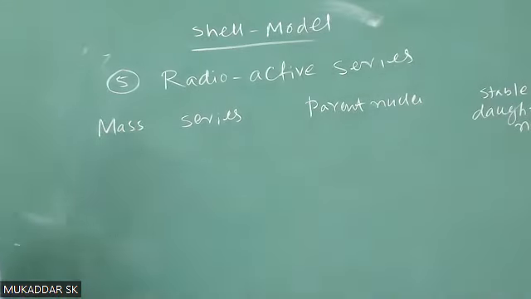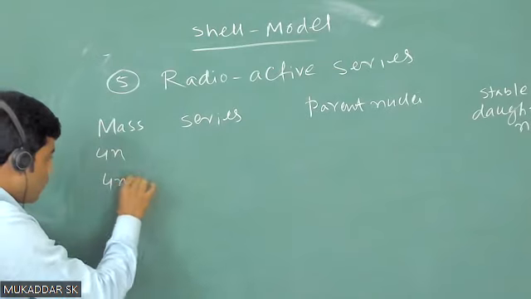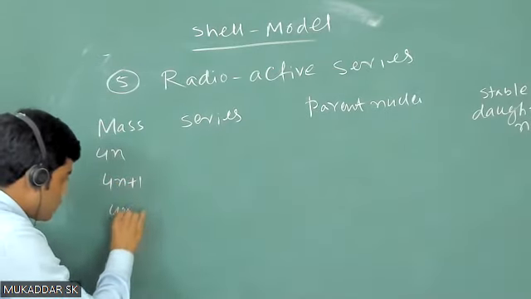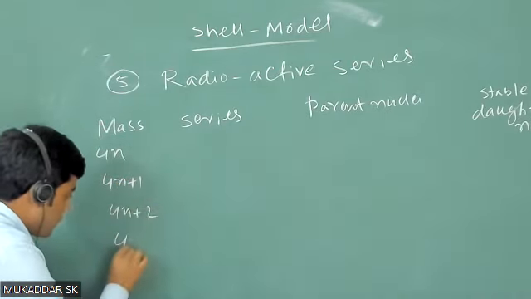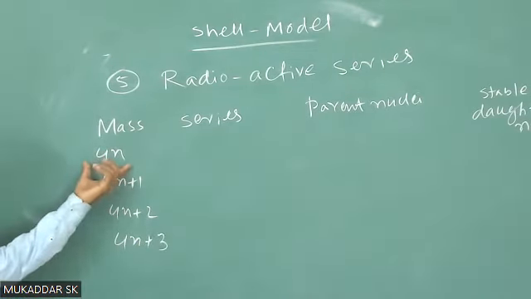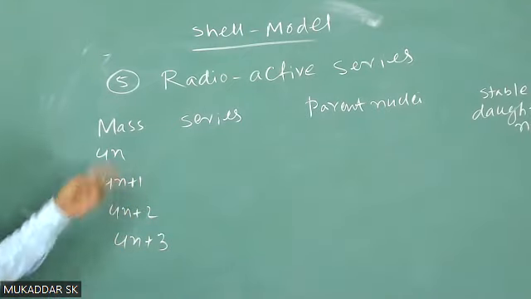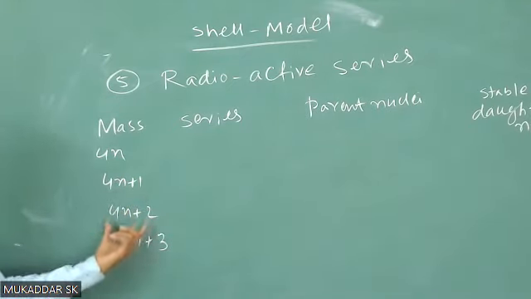So the mass numbers are 4n, 4n plus 1, 4n plus 2, and 4n plus 3. There are basically 4 radioactive series having mass number 4n, 4n plus 1, 4n plus 2, and 4n plus 3. The significance of this symbol, I'll come to.